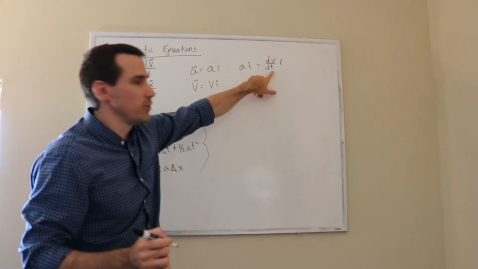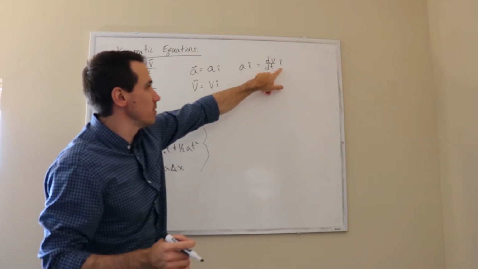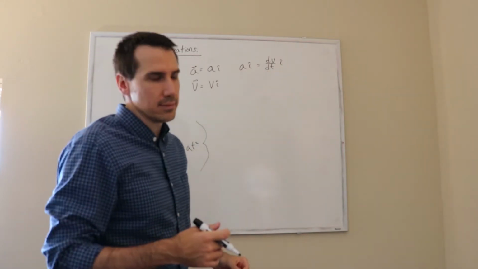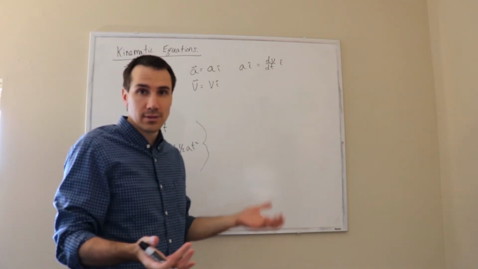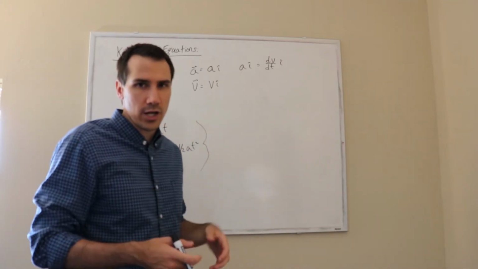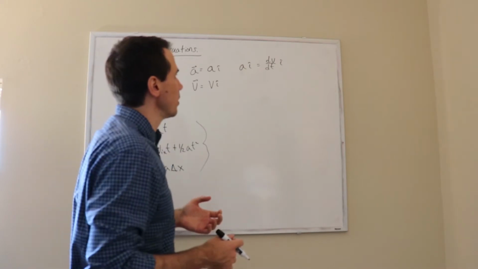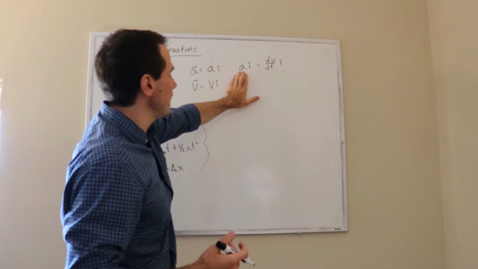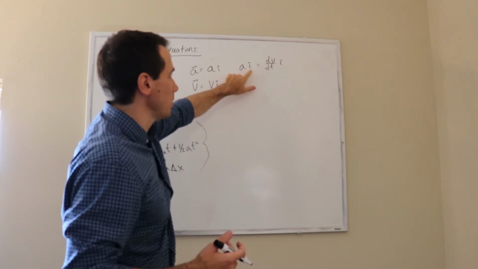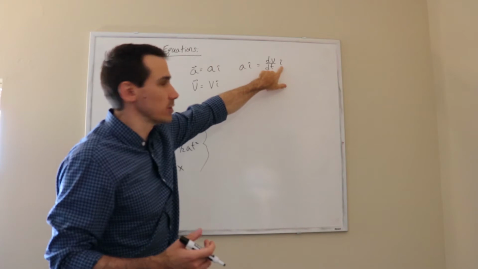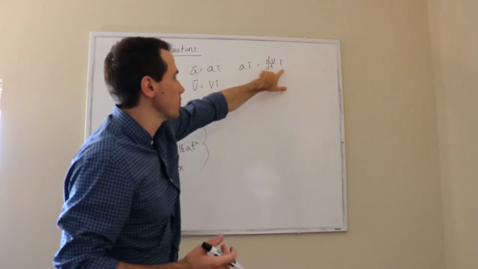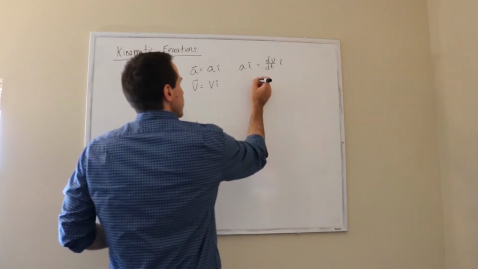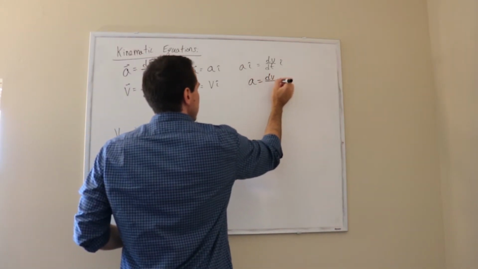And if you are familiar with calculus and you say, oh, but I should act the derivative on the i hat component here as well, well, the unit vector i hat doesn't change, so it doesn't have a derivative. So we don't need to worry about that derivative. In any case, I have some value multiplied by i hat equal to some other value multiplied by i hat. So these two things in front of my direction unit vector must be the same. So we get a equals dv/dt.